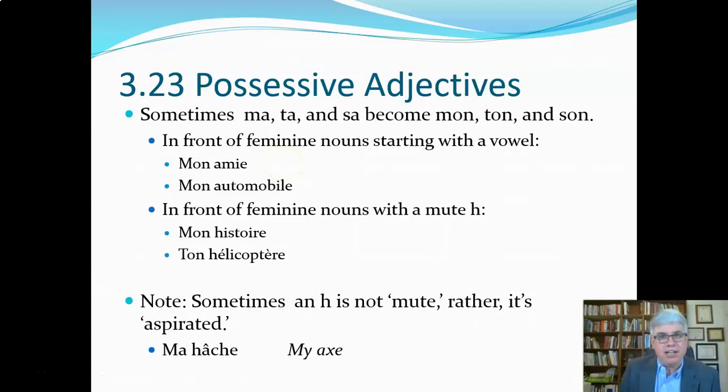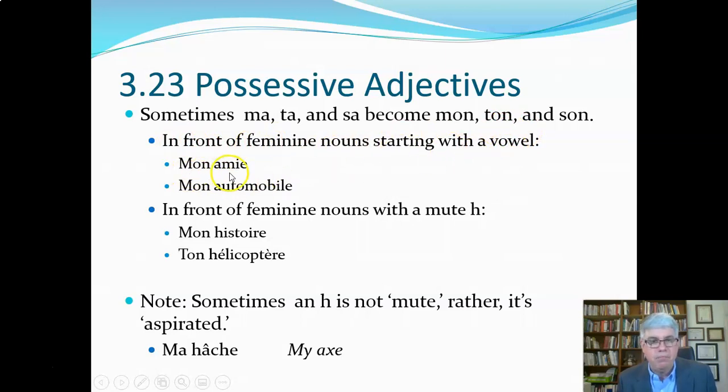Okay, now if that's not complicated enough, here's another factor that's going to make it even worse. Sometimes ma, ta, and sa, so that would be my, your, his car, become mon, ton, or son. So the feminine forms take on the masculine form in front of feminine nouns starting with a vowel.